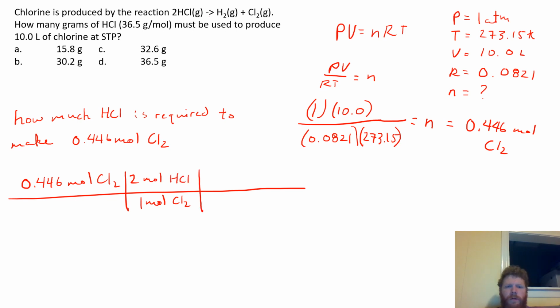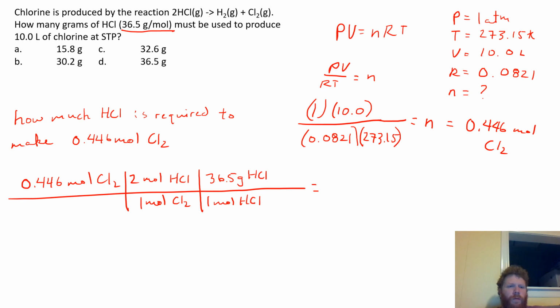Now what we want to do is relate our 1 mole HCl to our molar mass, 36.5 grams of HCl. This gives us our molar relationship, and it ultimately tells us the mass of HCl that we're going to utilize to produce that.